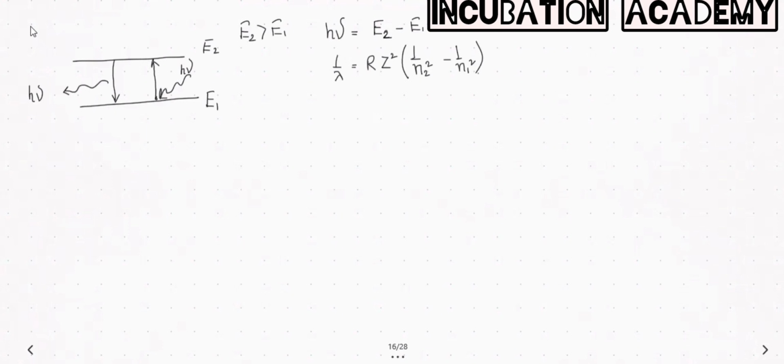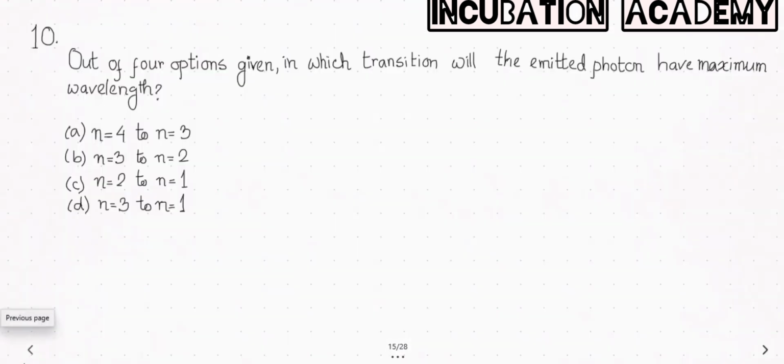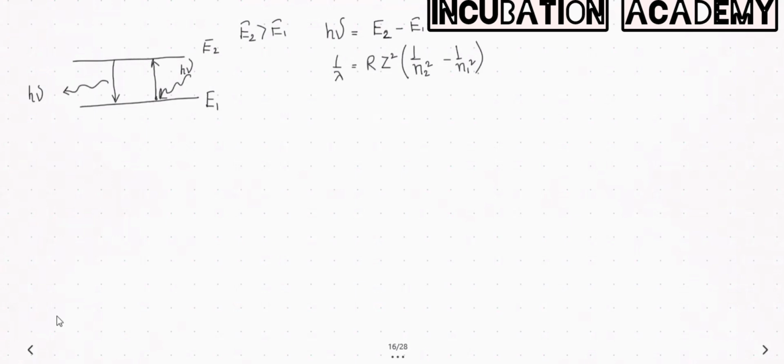Now let us put in the values and understand in which case the lambda will be greater. First, take option A, n equal to 4 to n equal to 3. So 1 by lambda A equals R Z square, 1 by 3 square minus 1 by 4 square.